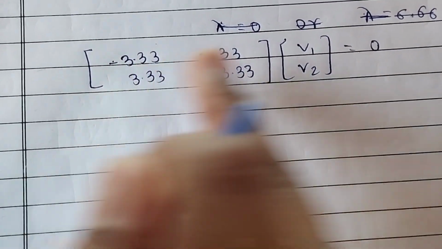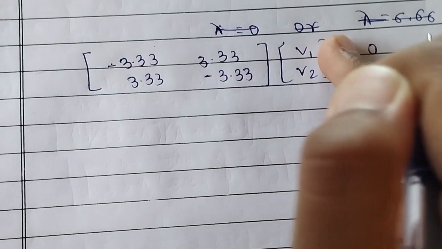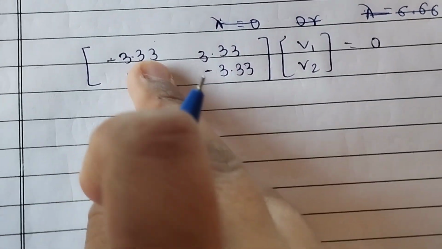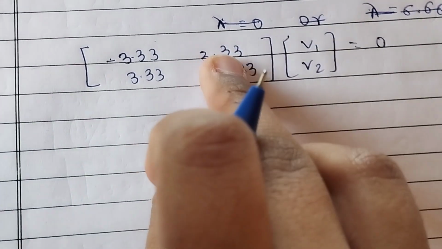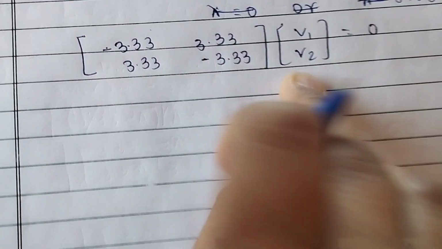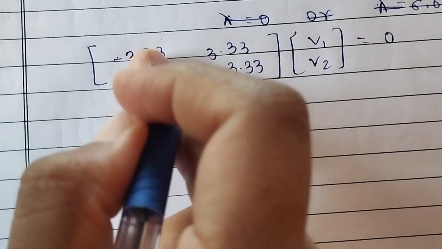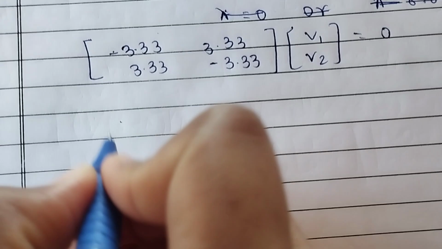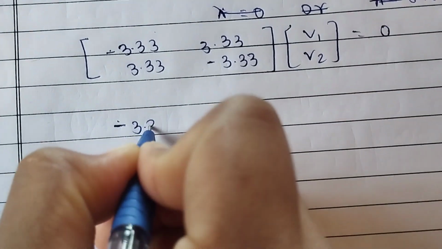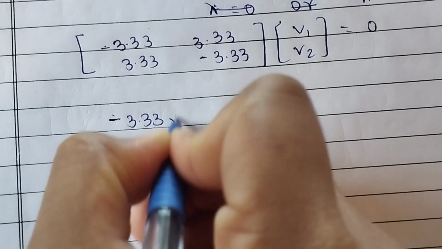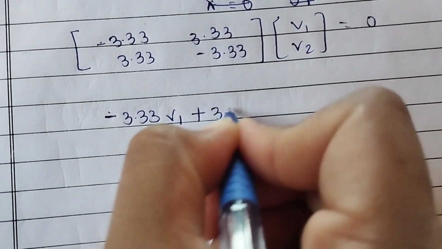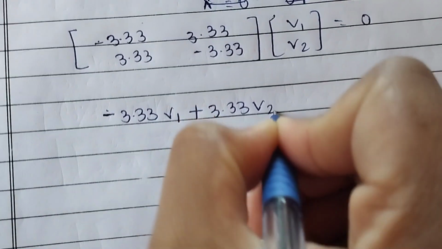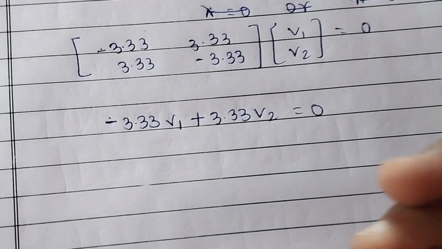So first row, first column: minus 3.33 into v1 plus 3.33 into v2, minus 3.33 v1 plus 3.33 v2 is equal to 0.